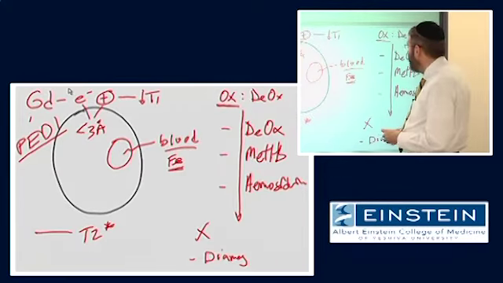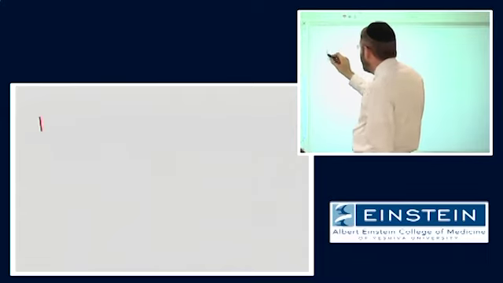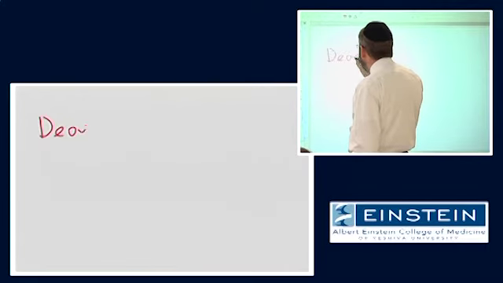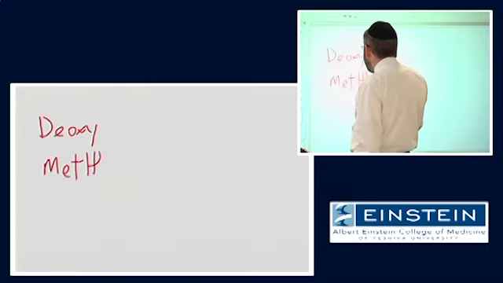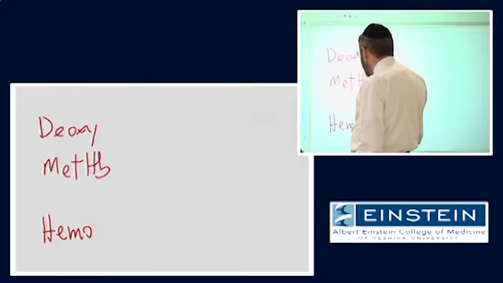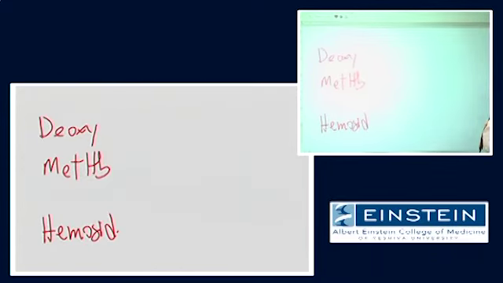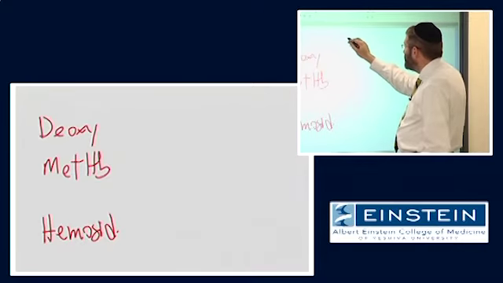So if we map out here, just to keep this straight, what is going on, we've said that if we compare deoxygenated hemoglobin, methemoglobin, and hemosiderin. So we've said, first of all, which of these are paramagnetic?